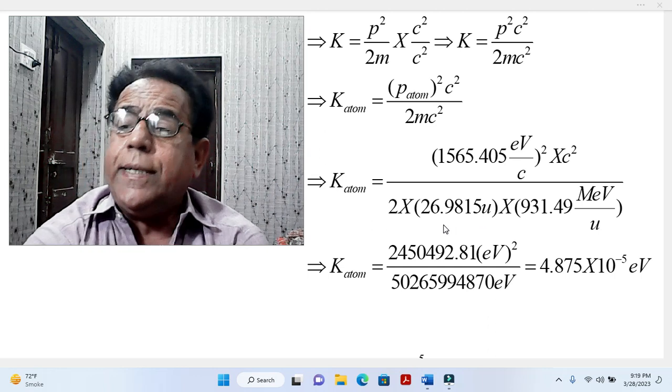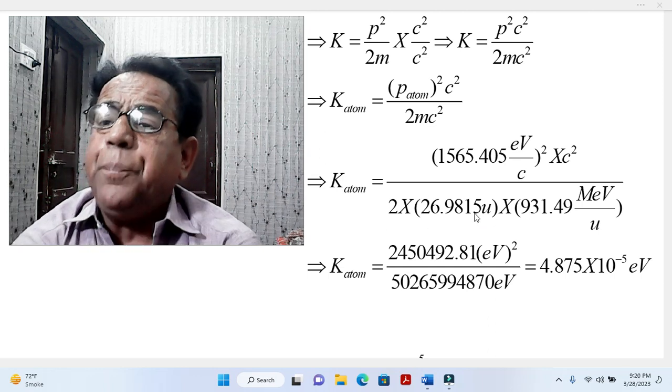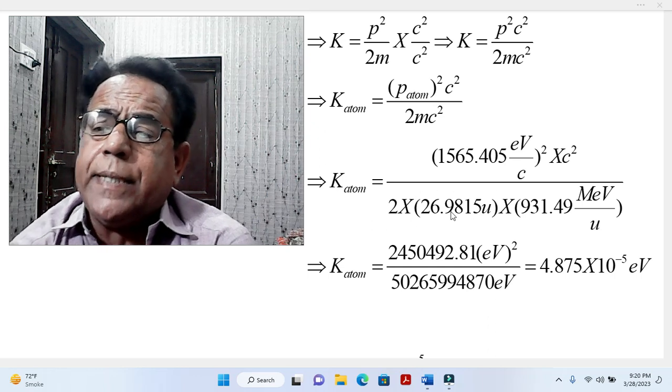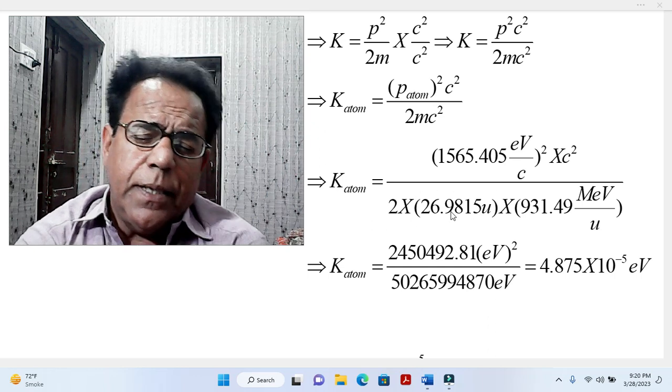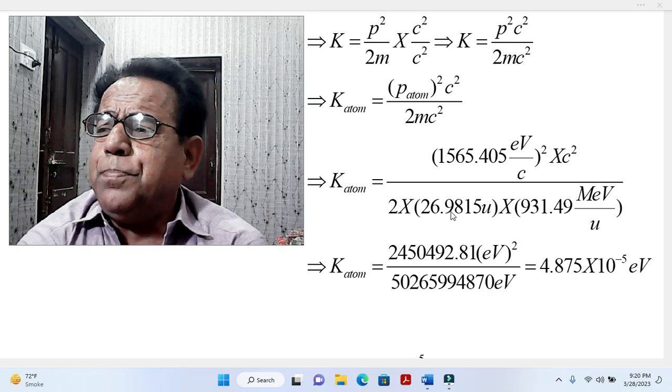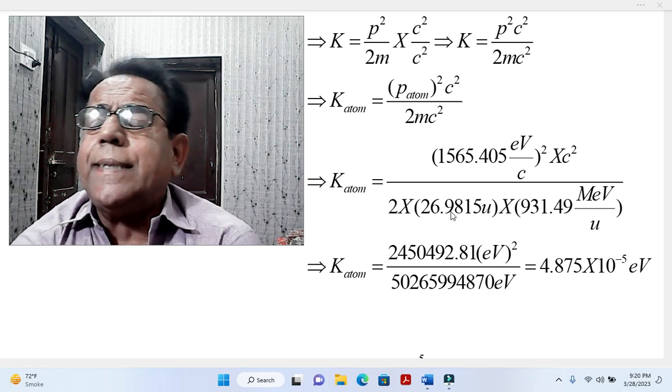Dear students, this is the value for which we have shown a large number of tables in which atomic number, atomic mass, Z, etc. were given.